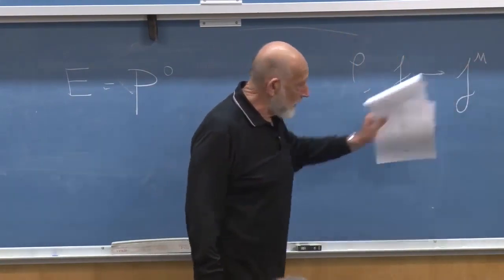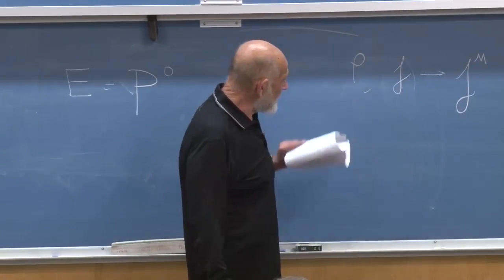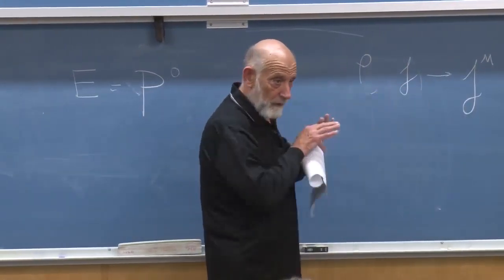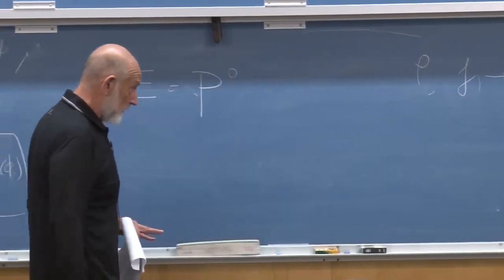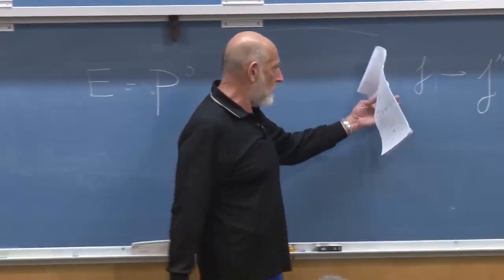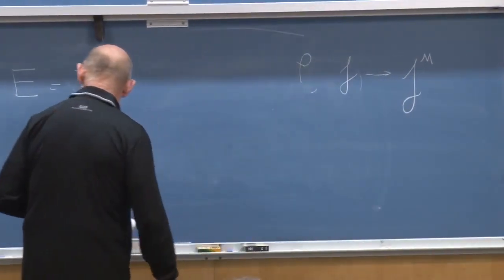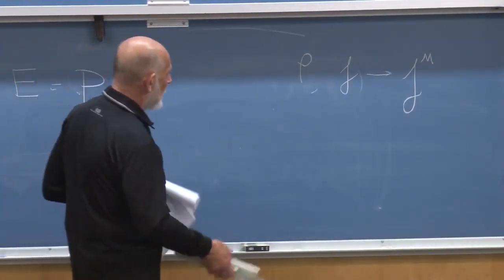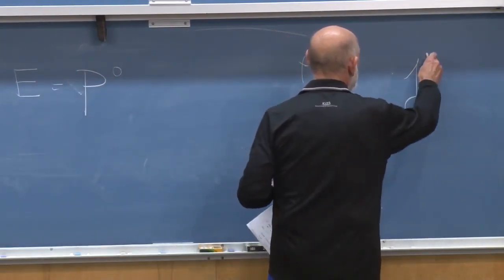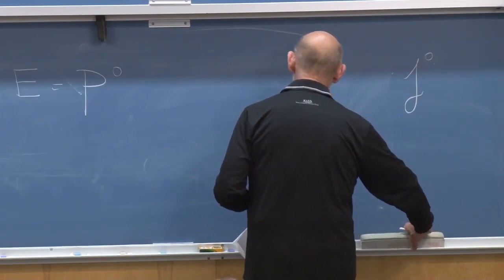The time component of J mu is the density, and the space component of J is the flux or the flow of the current. I'm using the language of charge density here, but think more generally. The density is like the time component of a 4-vector.